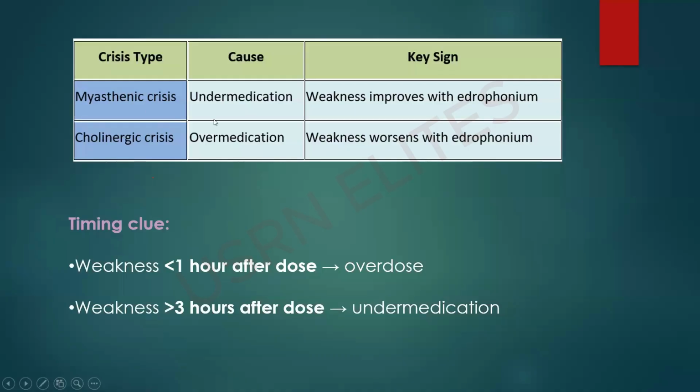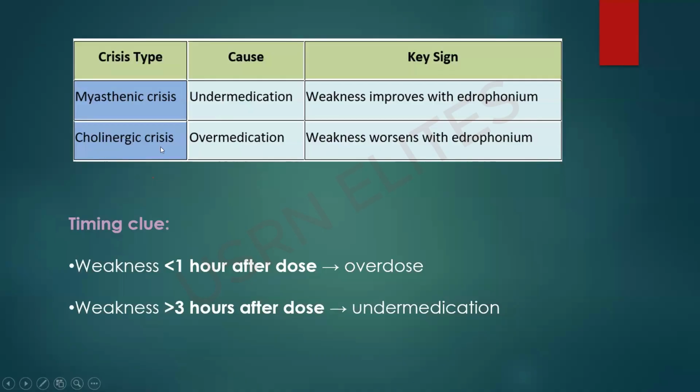So because in myasthenic crisis you have under medication, that means you have low amounts of acetylcholine at the neuromuscular junction. When you give this medication, you are going to see improvement. The weakness you see in myasthenic crisis is going to be improved because you are introducing acetylcholine at the neuromuscular junction.